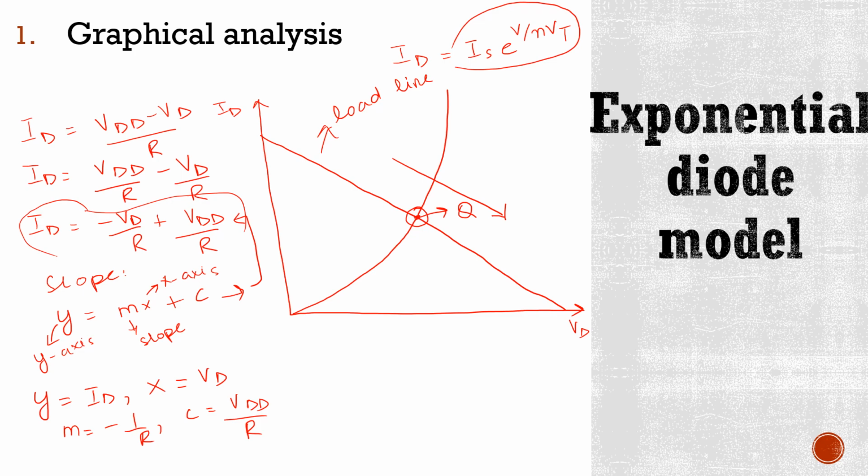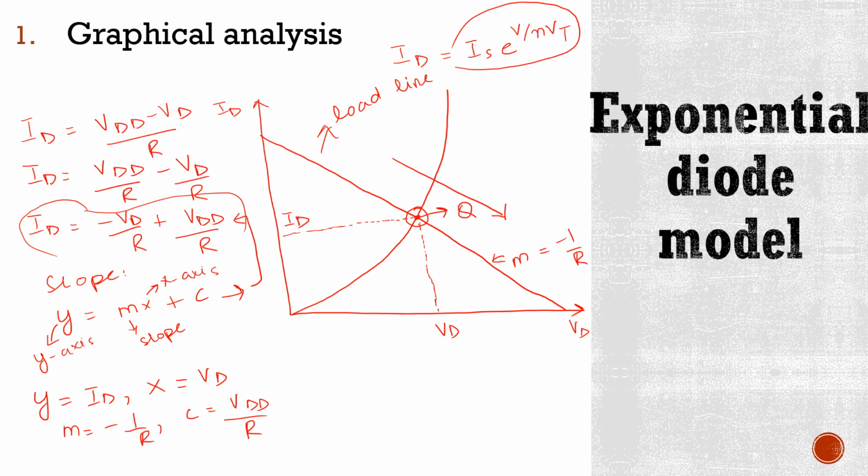It means when we draw a line from this point Q on the x-axis, we get the value of VD, and when we draw a line from this point Q on the y-axis, we get the value of ID. Okay, this is the slope, which is minus 1 upon R.